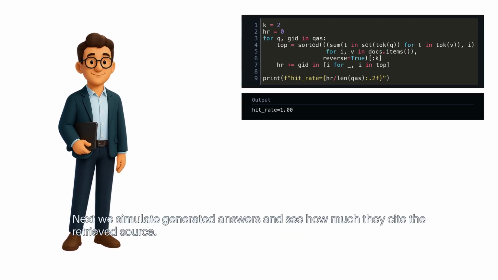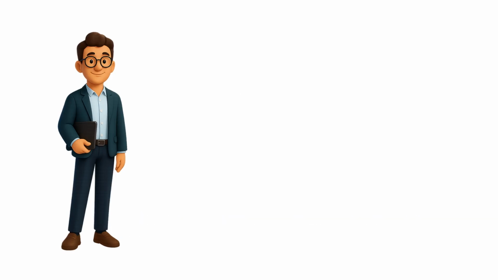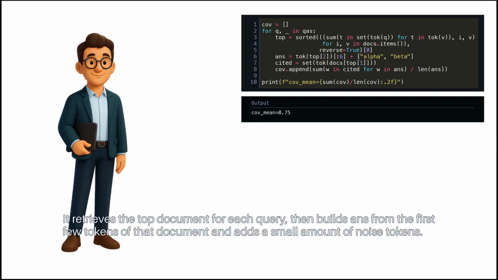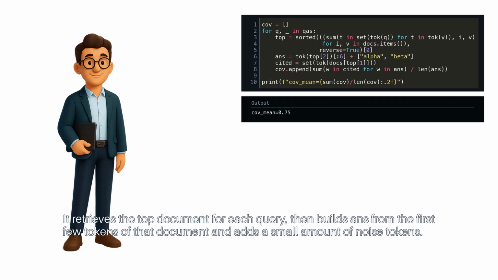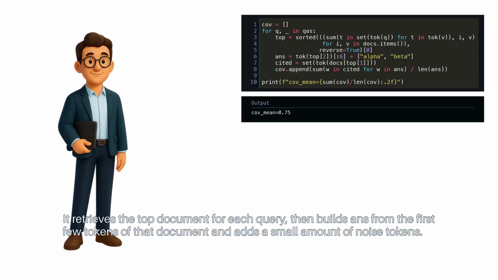Next, we simulate generated answers and see how much they cite the retrieved source. This snippet simulates answers and measures citation coverage. It retrieves the top document for each query, then builds answers from the first few tokens of that document, and adds a small amount of noise tokens.